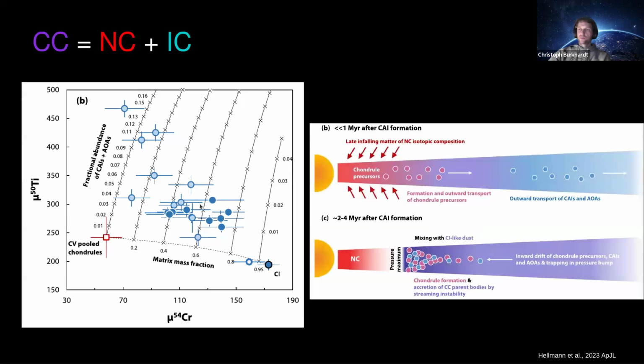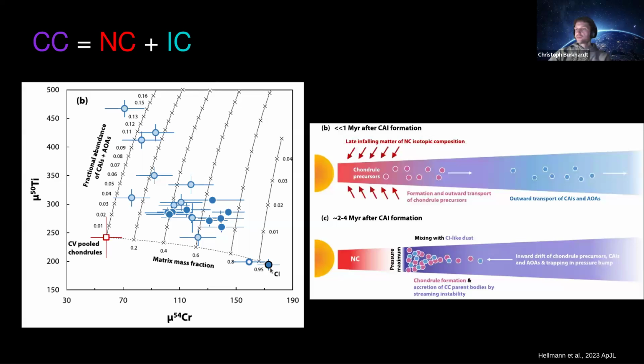And we can continue with that. This is again titanium-chromium space, and these are all kinds of carbonaceous chondrite materials. They can be understood as a mixture of chondrules, CIs, which would move up here, and CI-like dust.